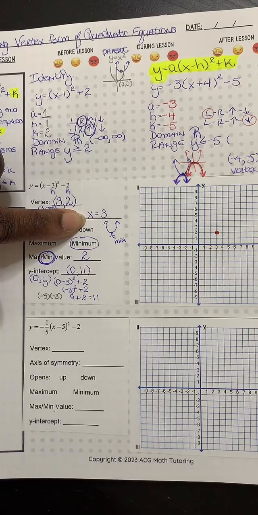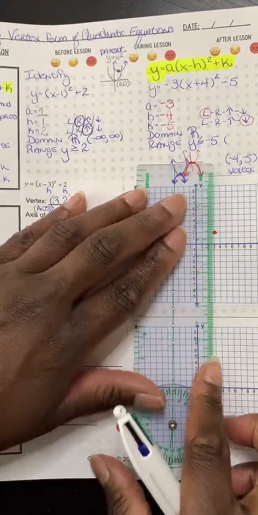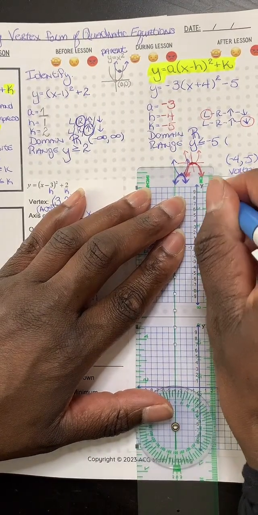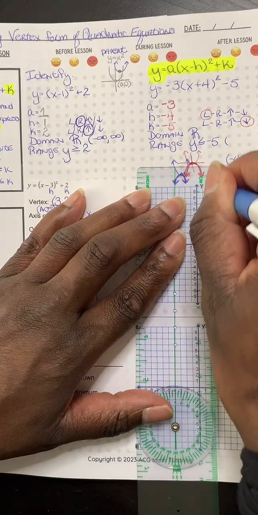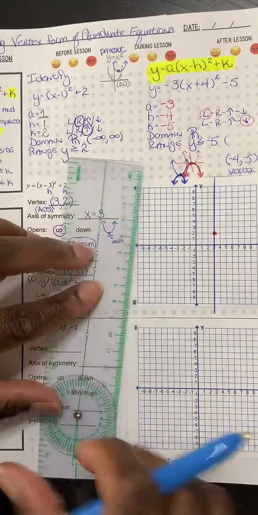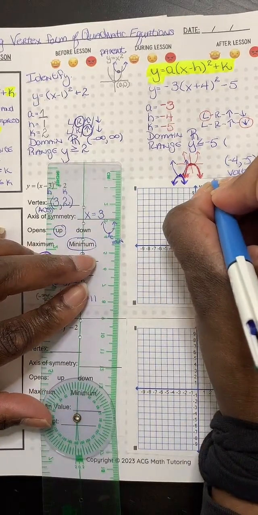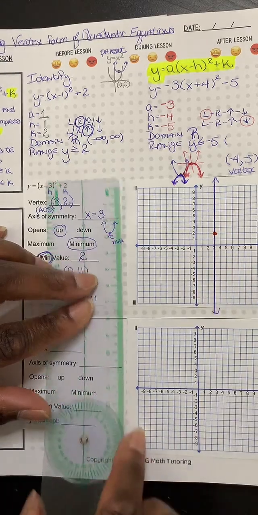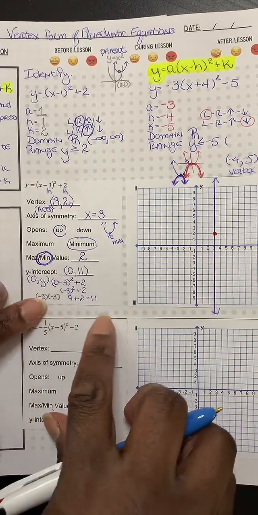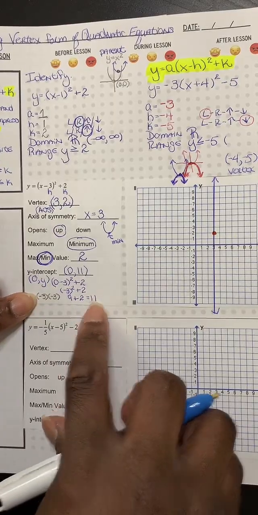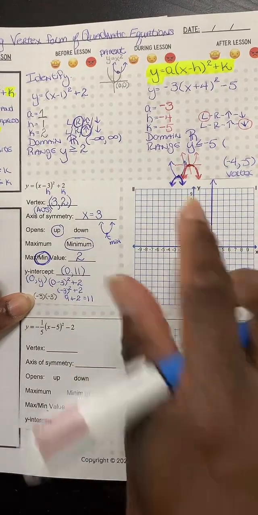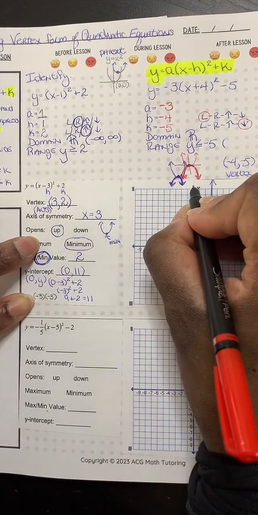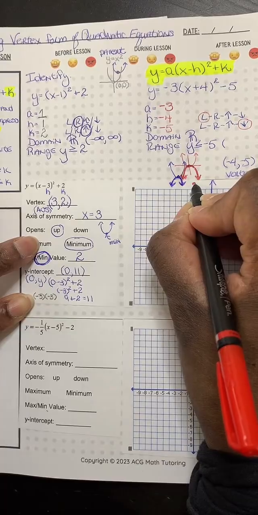So that means we have a line going through our vertex that we're going to use almost like a mirror. It's going to be kind of hard to graph the y-intercept. That's why I love when people have graphs like this, because this is 10, so 11 has got to be somewhere up here, right?